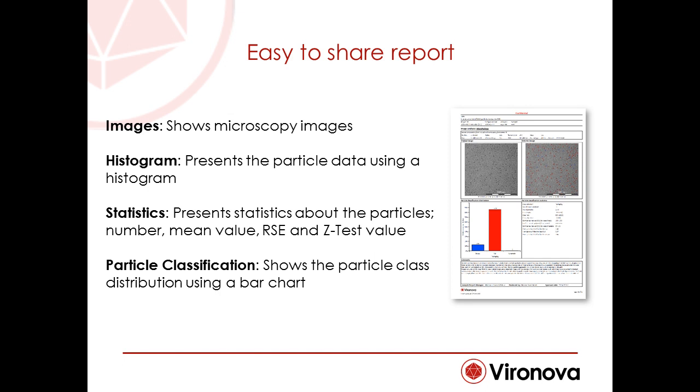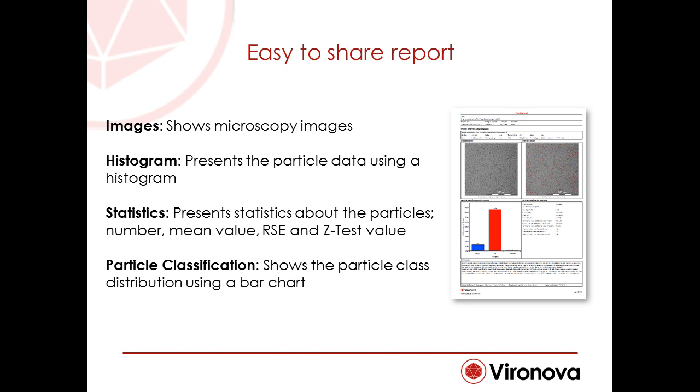You will, of course, also get representative images of the sample, a histogram if we have done size distribution, for instance, and all the statistical data. You will also see a bar chart if we have done some kind of classification, like filled versus empty particles. So this is more or less the workflow that we are doing here.